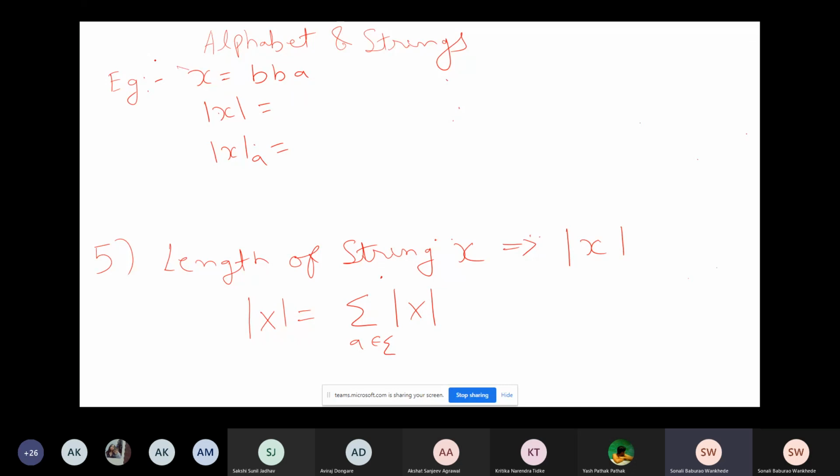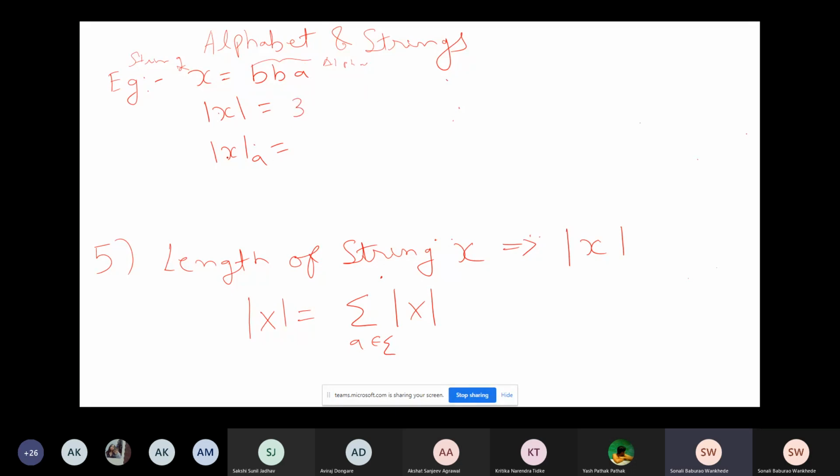We know that x is a string, and these are the alphabets, a sequence of alphabets. So here I have three alphabets present in x. The definition of length of x is basically all the occurrences of all the alphabets present in that particular string. So I have three as my answer.